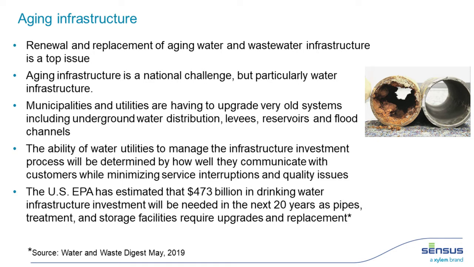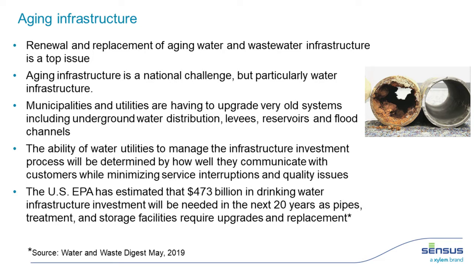So the ability for water utilities to manage this infrastructure is also dependent on how they communicate with their customers, because in many cases there's interruption of service. And so it's a fine line. People don't like to be inconvenienced, but at the same time, they don't want old infrastructure that could possibly cause poor quality of water and rates to go up and all those different things.